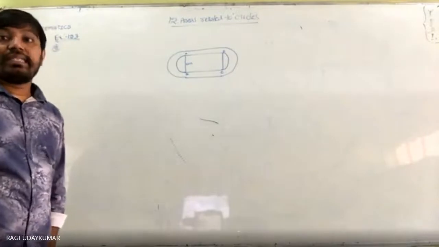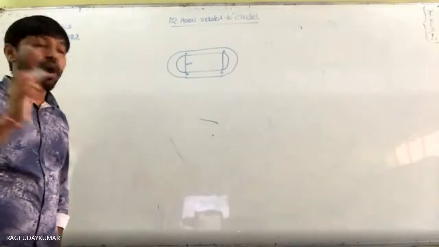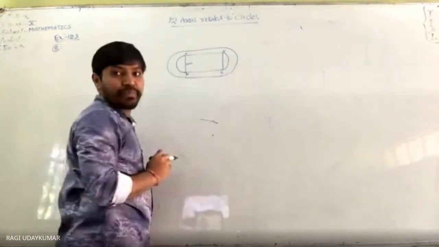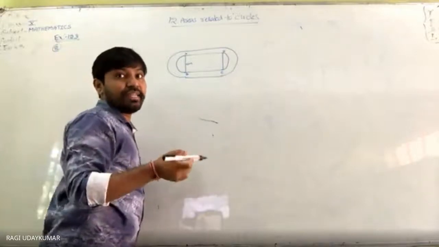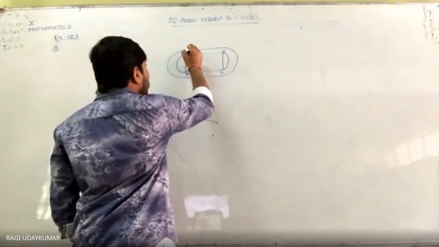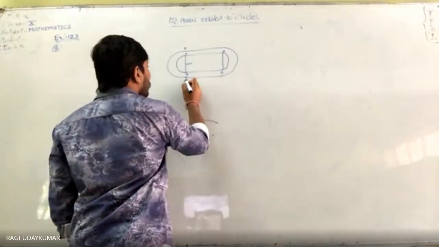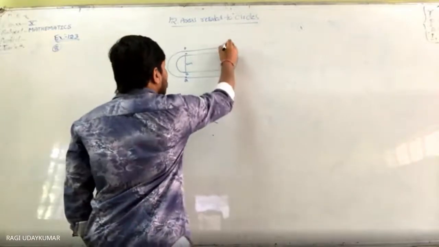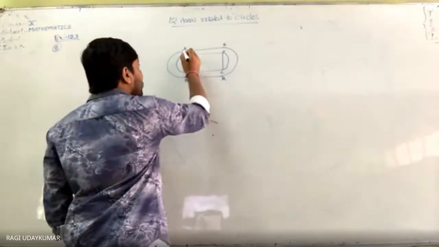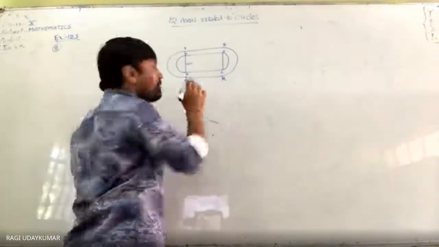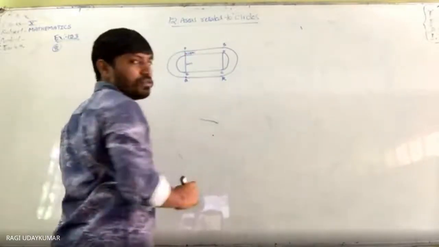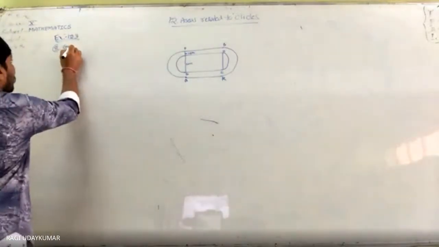And also given that they are each 106 meters long. Each means either of the parallel lines is 106 meters long. If the track is 10 meters wide, let us take ABCD and P, Q, R, S as considered. I am naming them. So the width is given to you here: 10 meters. So what are the given things? Let us write here.